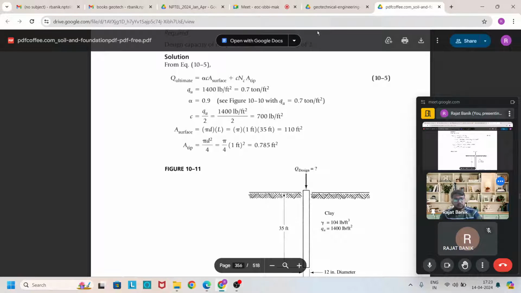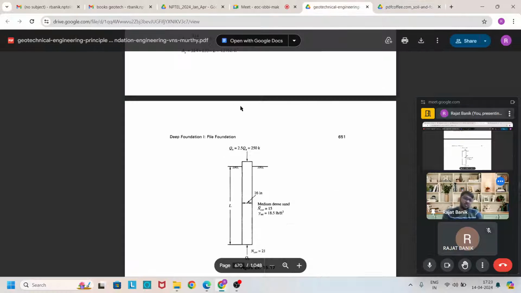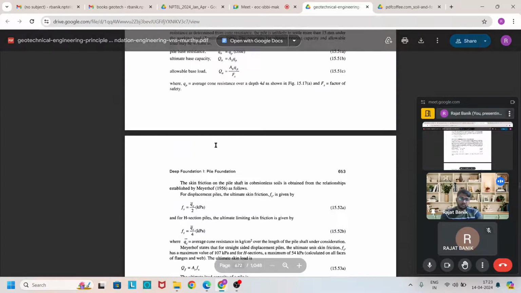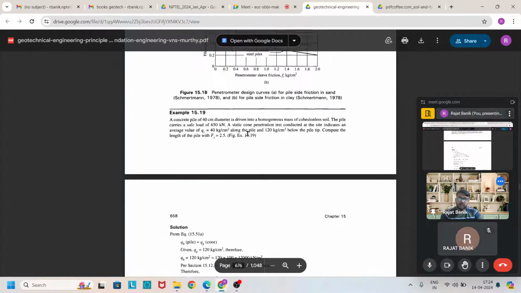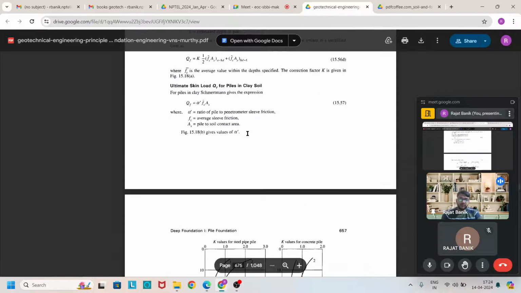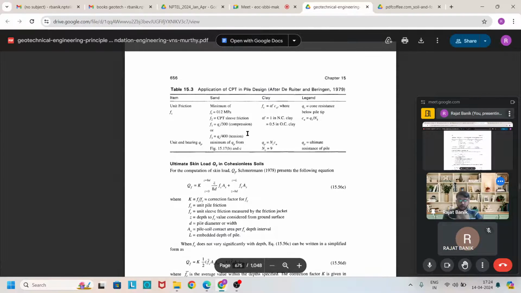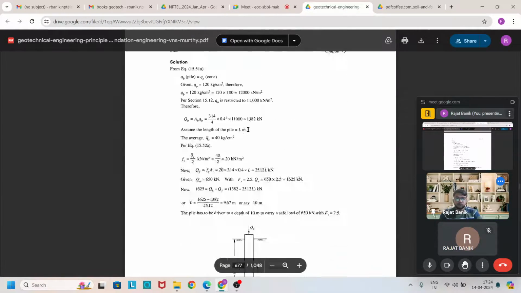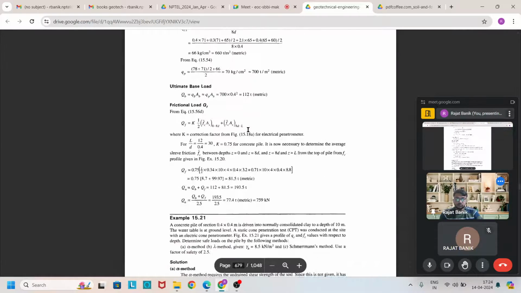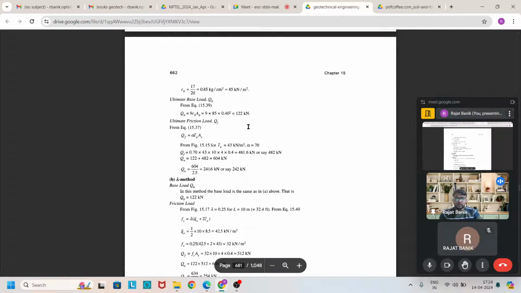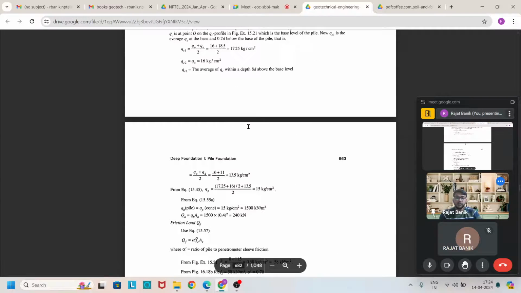So now we solve some problems regarding the pile group capacity. Just follow one or two reputed books.